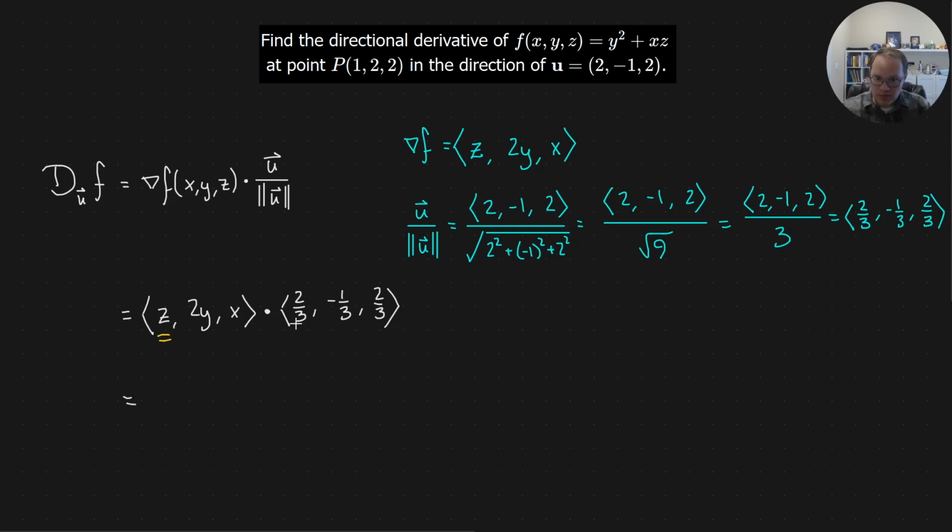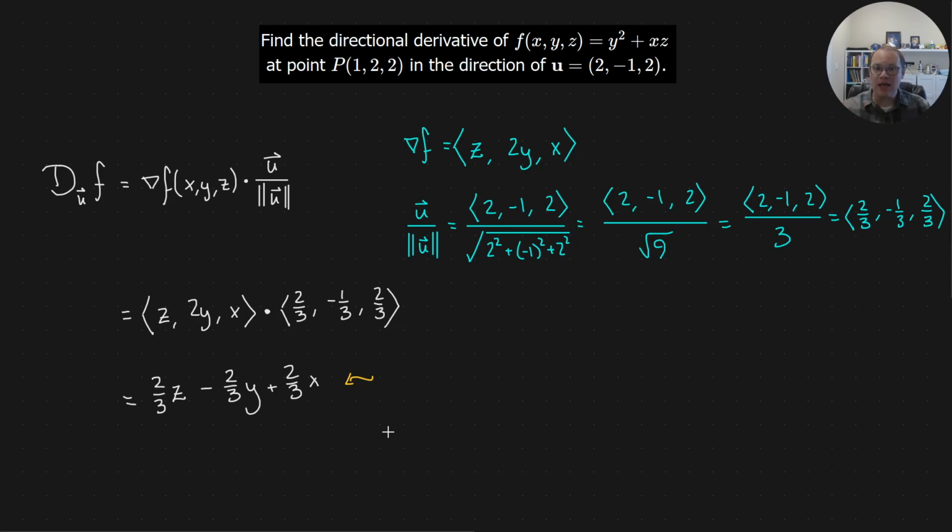So first component times first component, I get 2/3 z. Second component times second component, I get negative 2/3 y. And last component times last component, I get 2/3 x. Okay, that is the general formula for the directional derivative of function f in the direction of u.